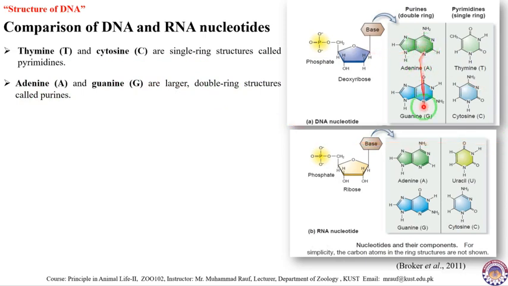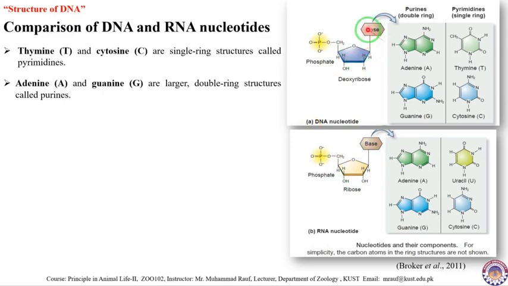This is a DNA nucleotide. DNA is composed of this particular type of nucleotide, whereas the molecular cousin of DNA, the RNA, is composed of that particular nucleotide. Now, let's come to the differences between them.